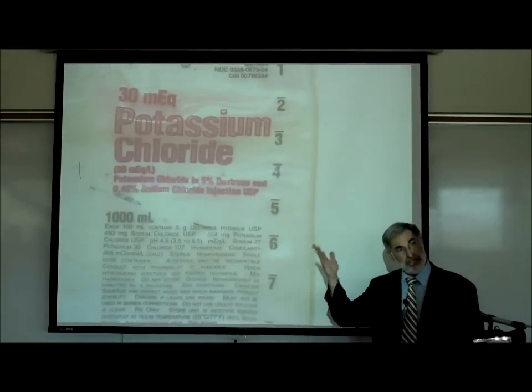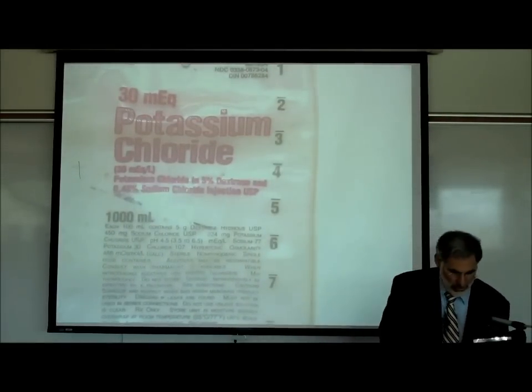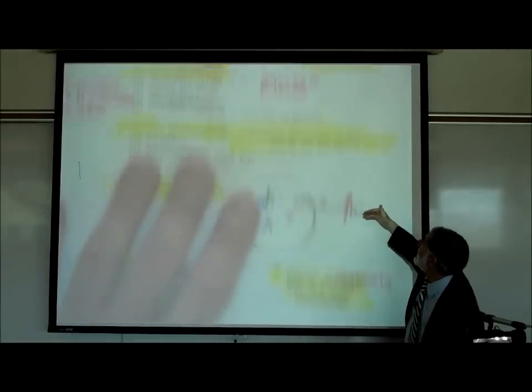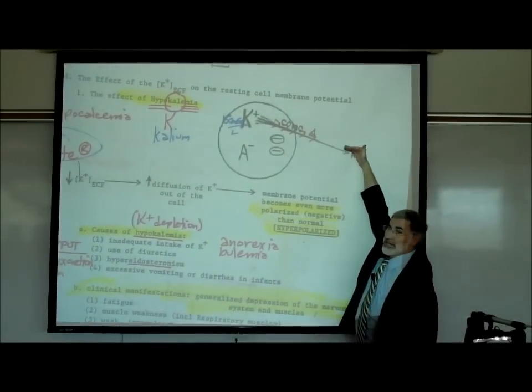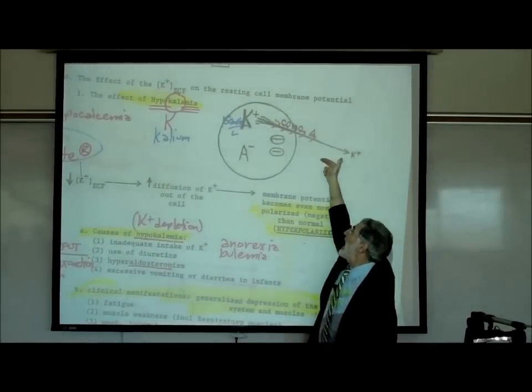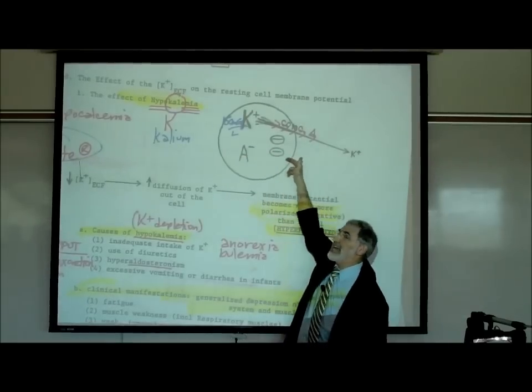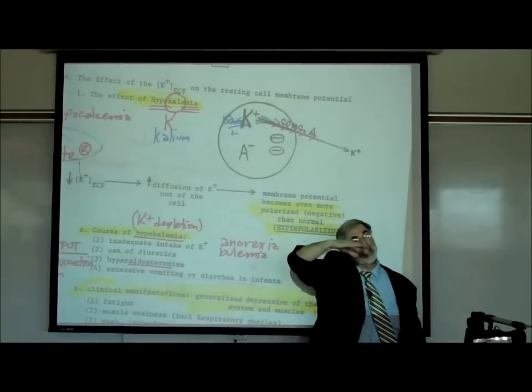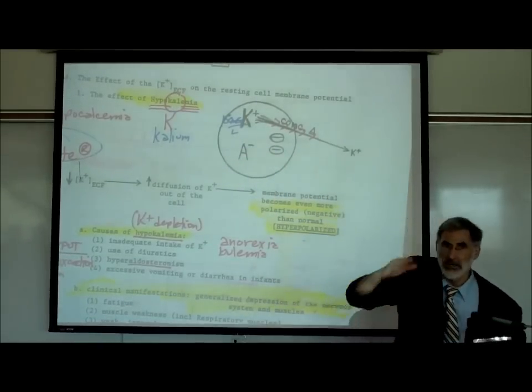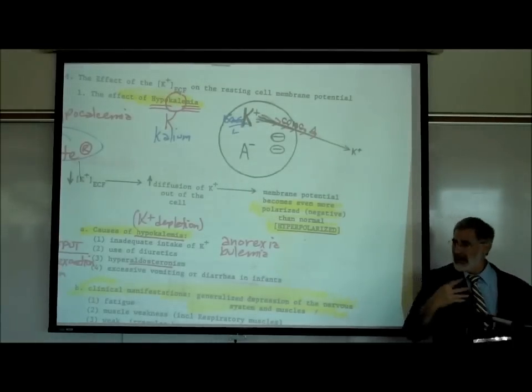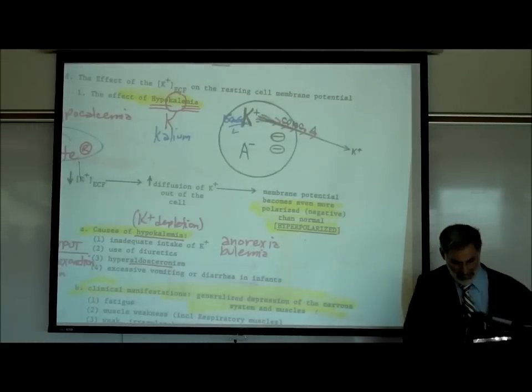And that's going to raise the potassium levels. As the potassium levels start to go up in the blood and extracellular fluid, that will drive positive charged potassiums into the cell, making the inside less negative again and returning it back to the normal electrical polarity of about minus 90.